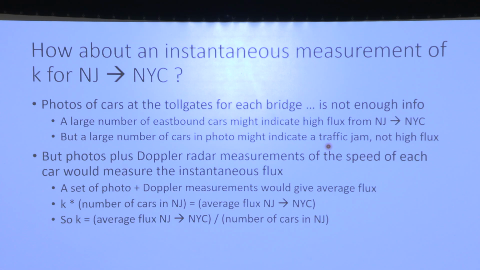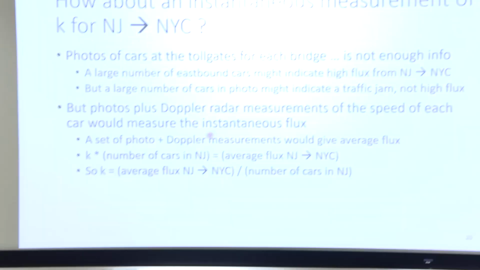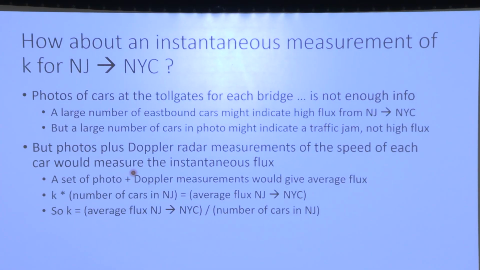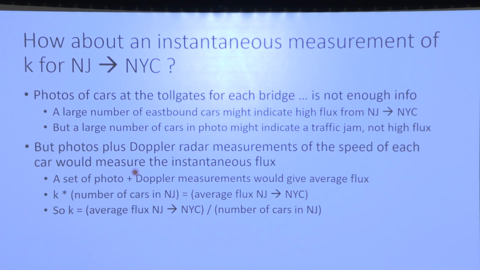So just seeing the cars there is not enough to know what the rate is. But if I also did Doppler radar measurements to see their speed, then I would actually get a flux. I'd have the number times the velocity, and I could figure out the instantaneous flux. And then if I did that a few times randomly during the day, the average number there would give an average instantaneous flux, and that would be related also to the rate coefficient.